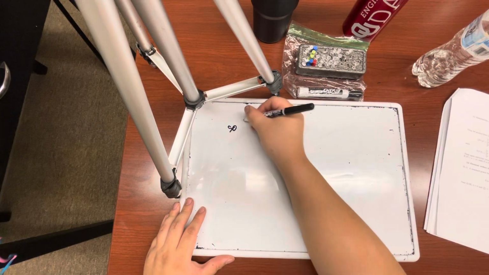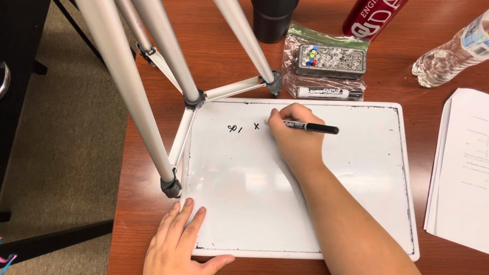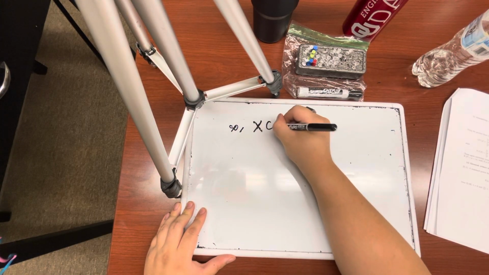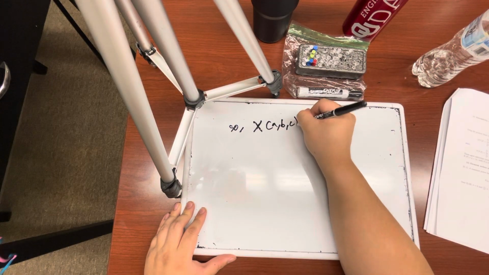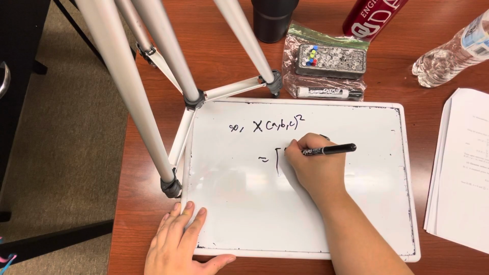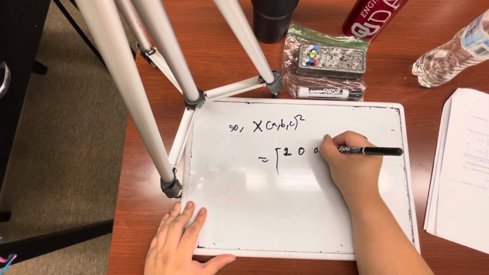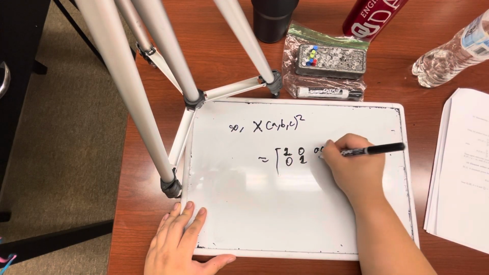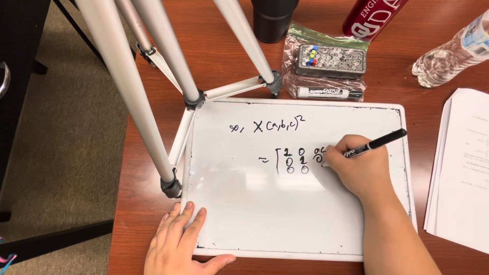So x of a, b, c squared is equal to 1, 0, ac, 0, 1, 0, 0, 0, 1.